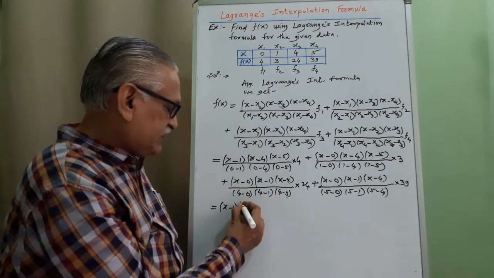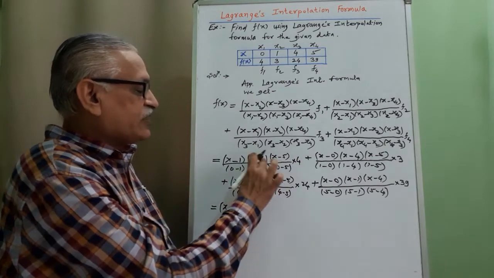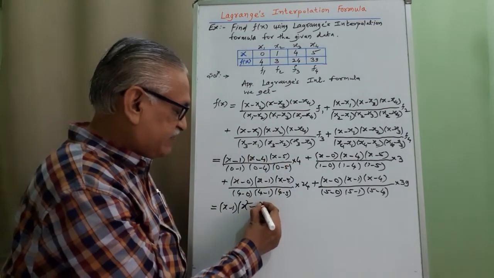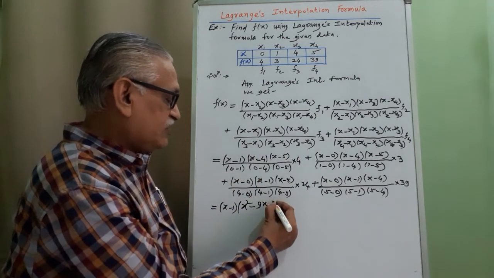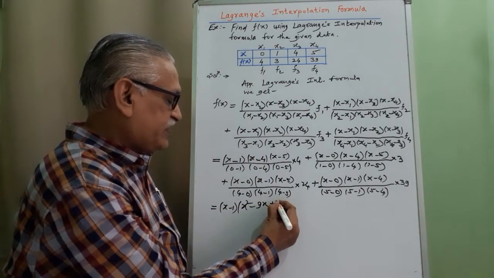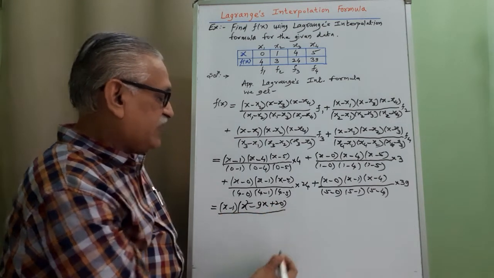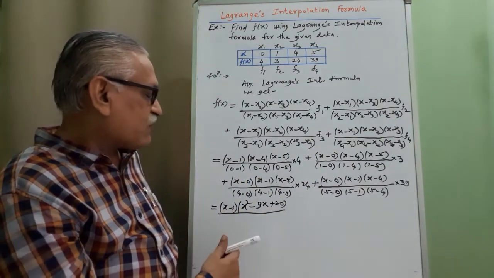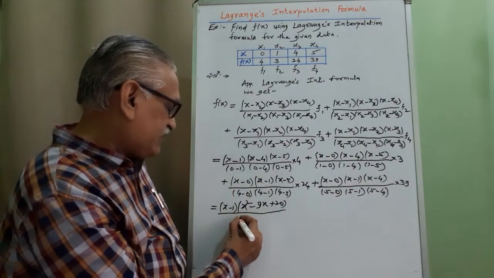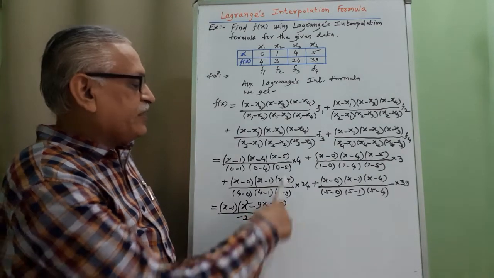That product is x into x, we get x square, minus 5x minus 4x we get minus 9x, and minus 4 into minus 5 is plus 20, divided by minus 1, minus 4, minus 5. That product is with a minus sign, 5 4 is 20, into 4.